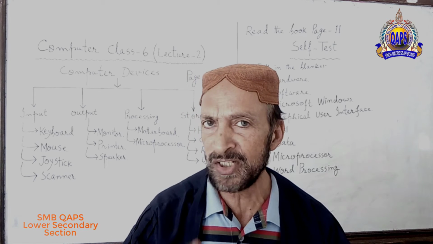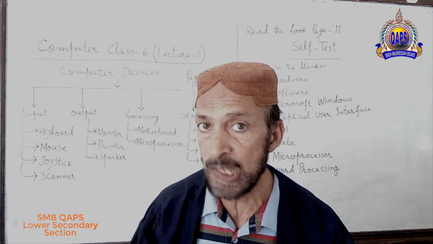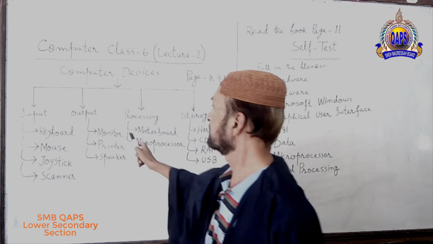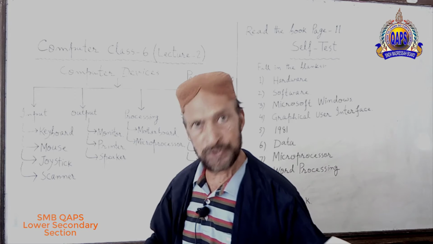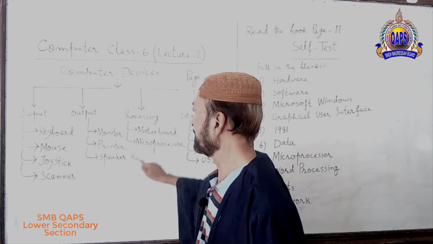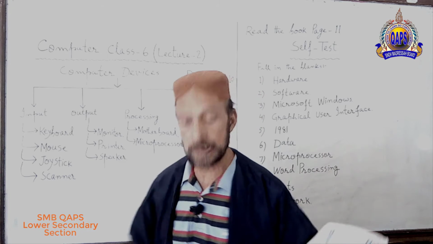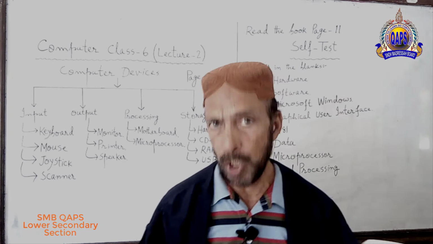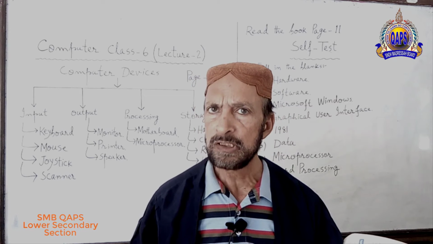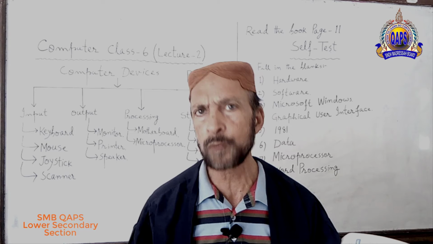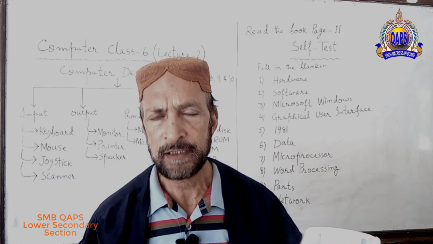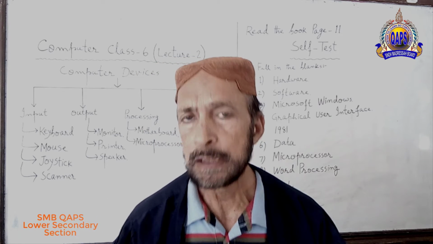Those devices are called output devices. Example: monitor, printer, speaker, plotter. Plotter is also an output device. Anyway, so you understand that?